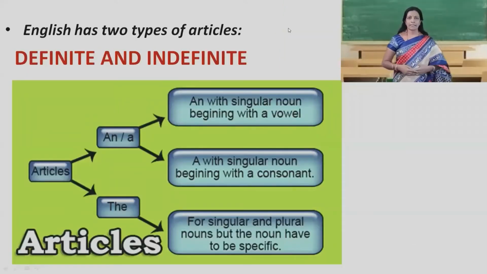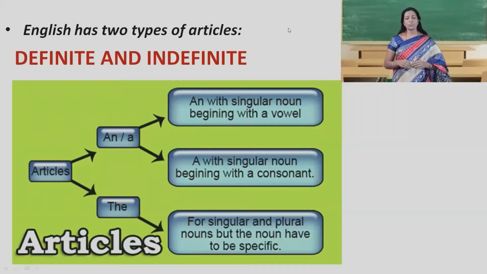Students, as I have just told you, English has two types of articles, the definite and indefinite article. The definite article is the and the indefinite article is a and an. An is used with a singular noun which begins with a vowel.